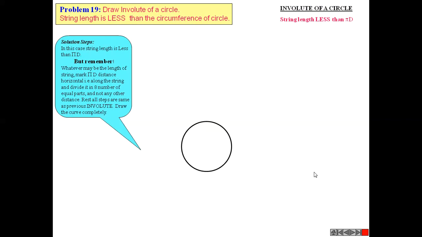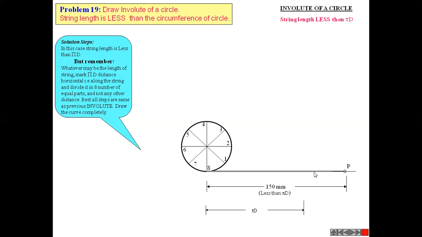The third type is when the string length is less than the circumference of the circle. Here you can see in the diagram, point P is before point number 8.